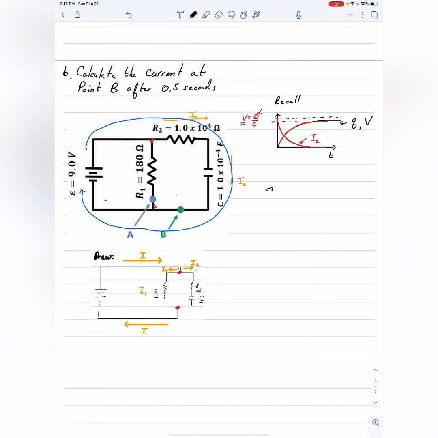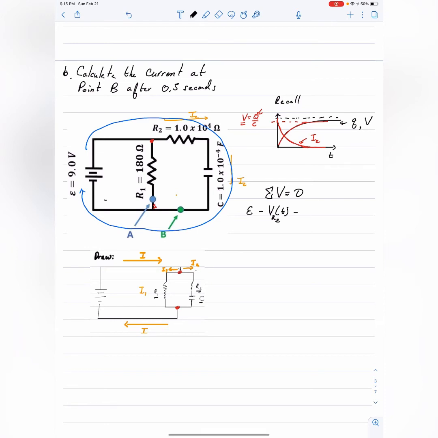If we say the sum of all electric potential equals 0, and then we start taking into account everything in the loop. So EMF is positive because we're going from low to high. Then the voltage across the resistor. This time current is changing, therefore the voltage across the resistor is also changing over time, and let's write a little r at the bottom to know that it's the voltage across resistor 2.